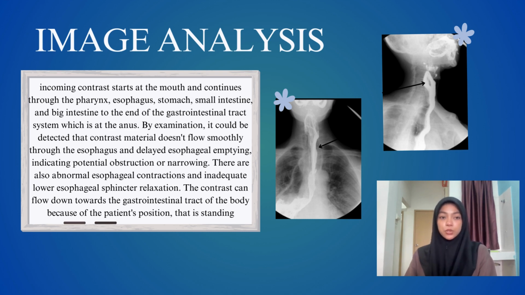By examination, it could be detected that contrast material doesn't flow smoothly through the esophagus, and there is delayed esophageal emptying, indicating potential obstruction or narrowing. There are also abnormal esophageal constriction and inadequate lower esophageal sphincter relaxation. The contrast can flow down towards the gastrointestinal tract because of the patient positioning, that is, standing.